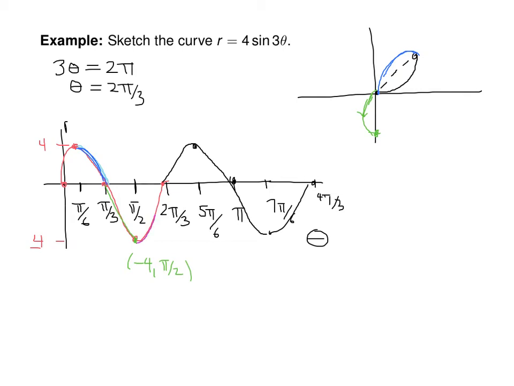Now this next portion, once we're at an angle of 2 pi thirds, will take us up. Now 2 pi thirds lies over in this quadrant, but it's going to reflect over into the fourth quadrant because the radii are negative. So what that means is the curve is going to go back up, back up to the origin, like this.